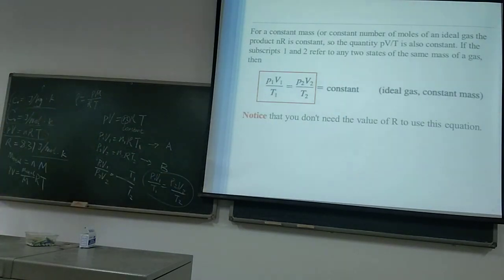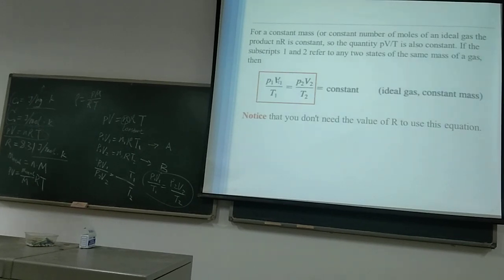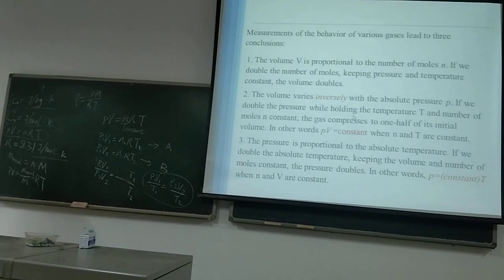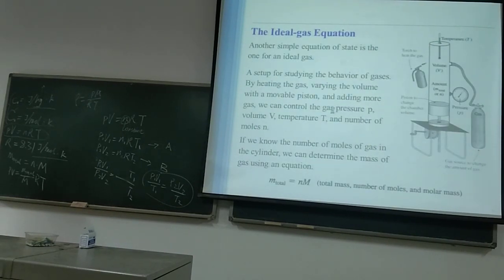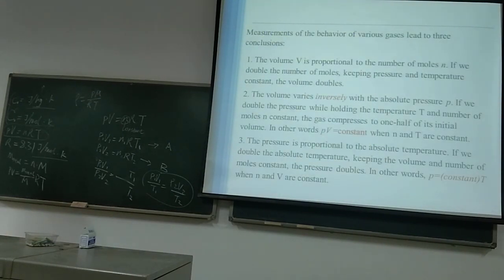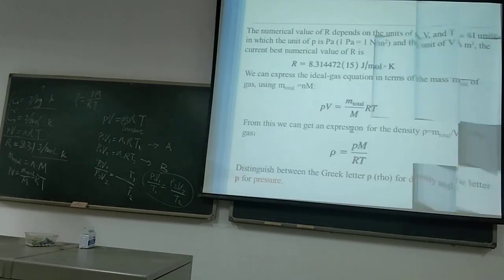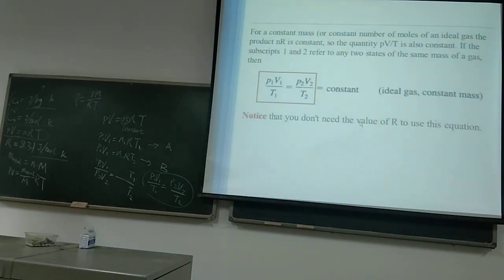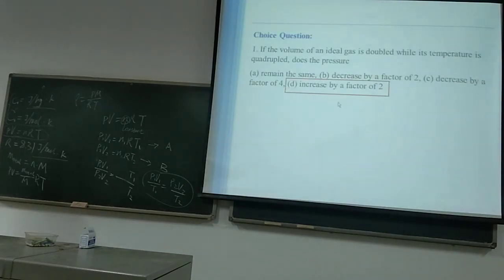You may find it boring, however, it is a very useful equation because it describes all three conclusions in one single equation. When we do the calculation, it is very easy to use.